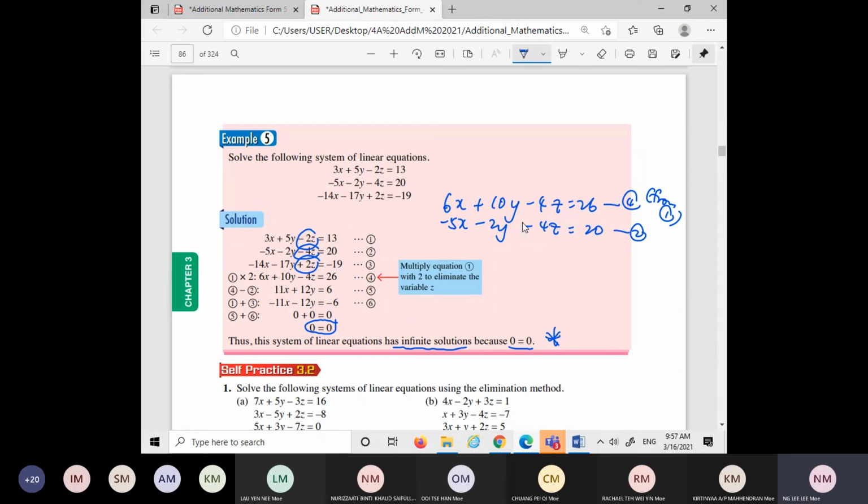This is the second equation. Because they want to eliminate z, you look at the sign for the variable z, it is the same, so you do minus.